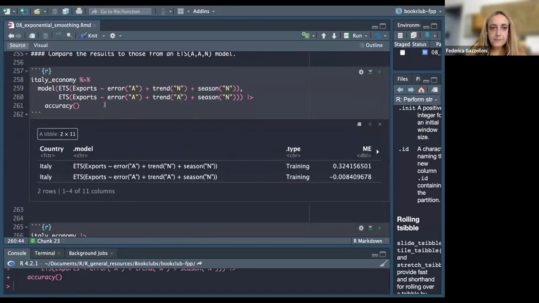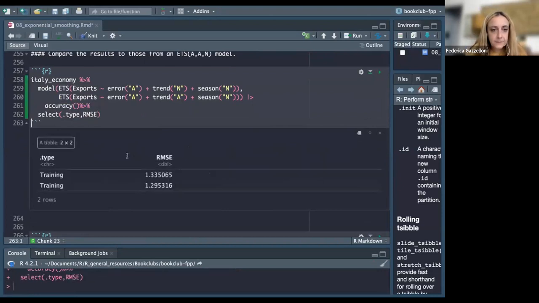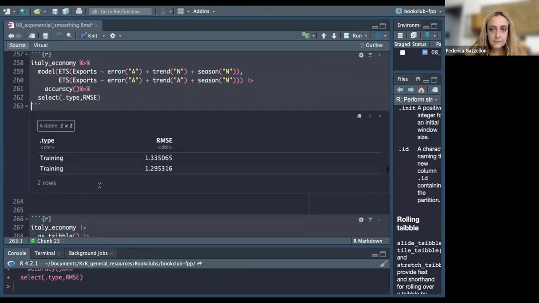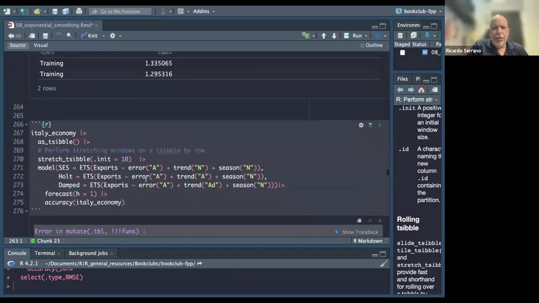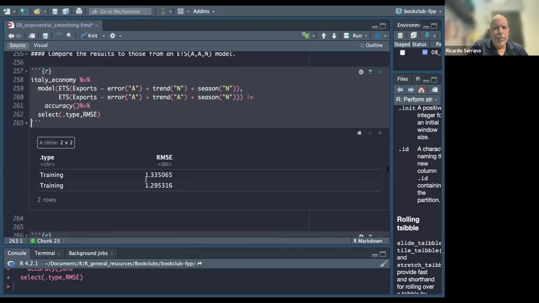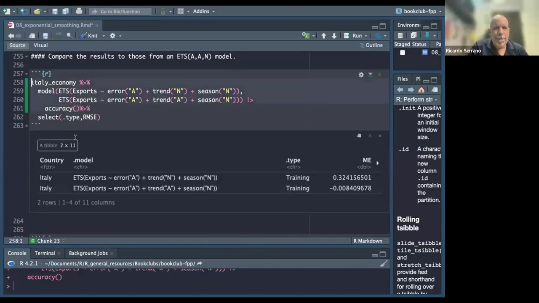I can even select the type. Federica, you should select also the model, so we can make sure which RMSE corresponds to which model. Yeah, the model.